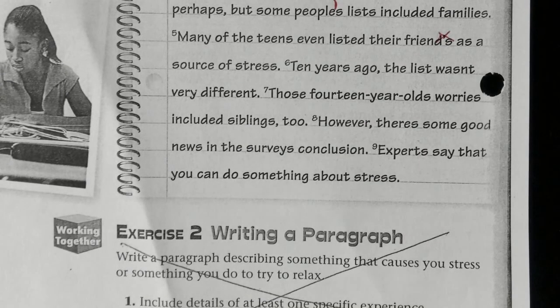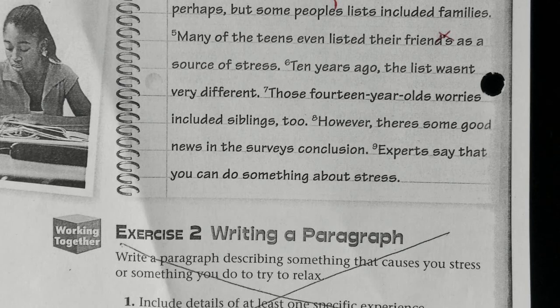10 years ago, the list wasn't very different. What about that one? Jose, what do you think? Yes, wasn't is short for was not, so you need an apostrophe between the N and the T. Those 14-year-olds' worries included siblings too.